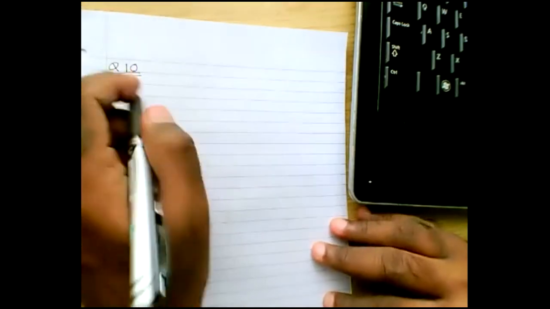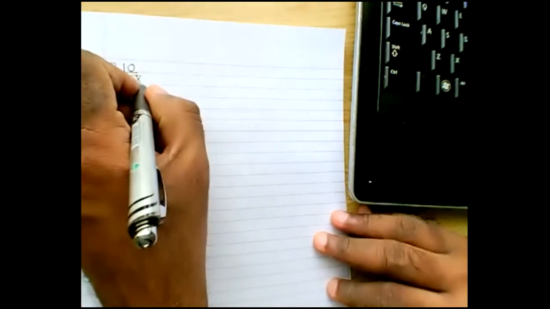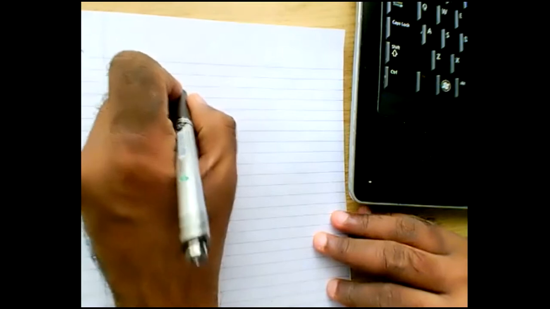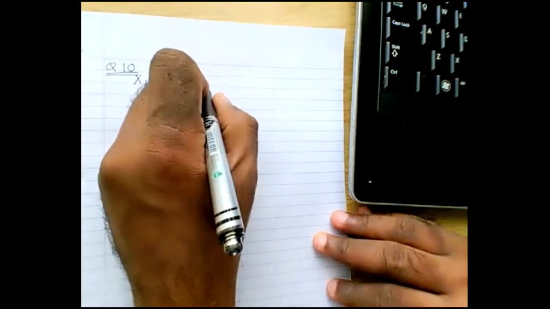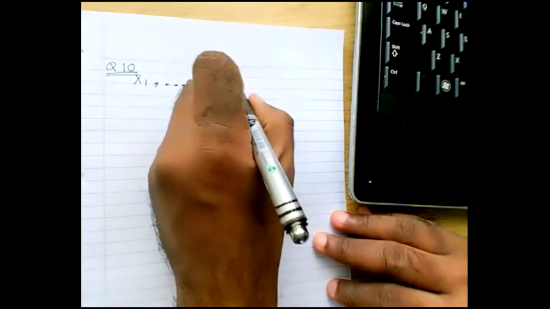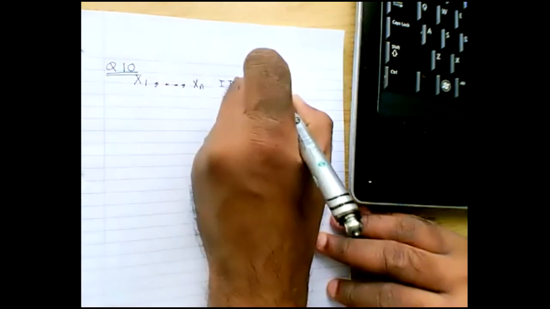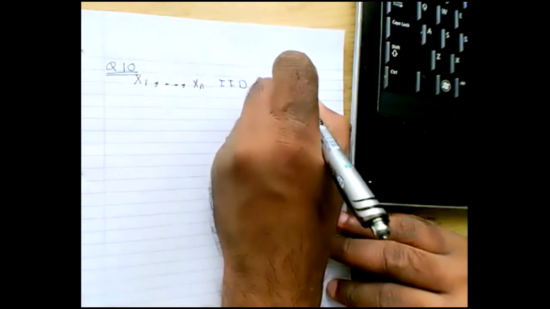Okay, guys. So let's begin. This is question number 10. Hopefully you can see this. You have a random sample x1 to xn, IID, from a binomial distribution with parameters m and p.